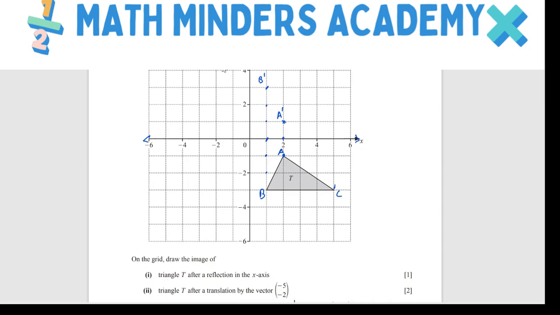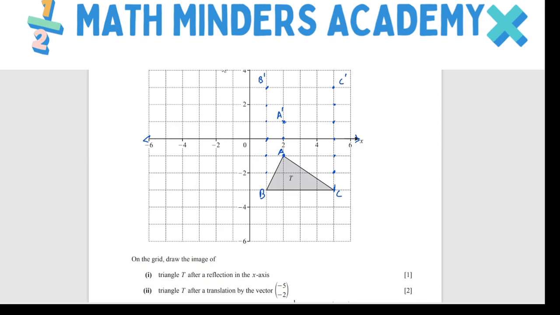C is 1, 2, and 3 steps below the S-axis. So the image is going to be 3 steps above the S-axis. So we take 1, 2, 3. So this is the image.